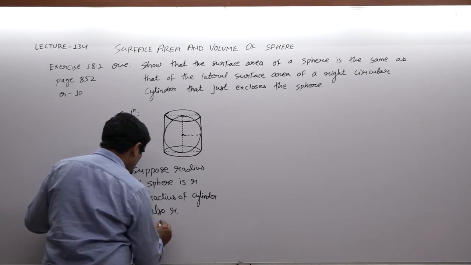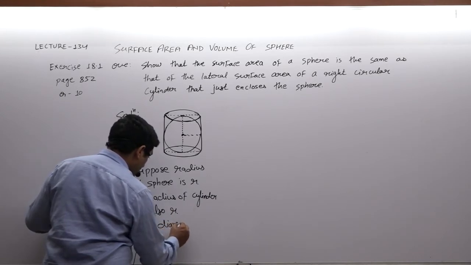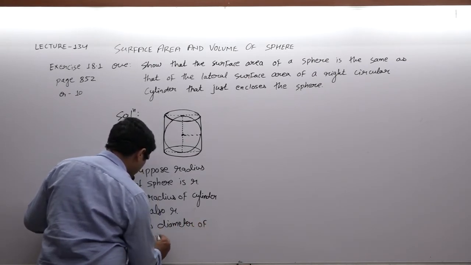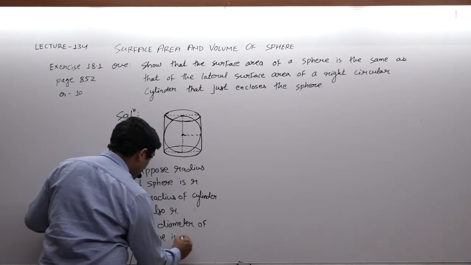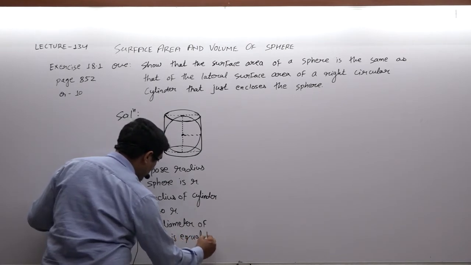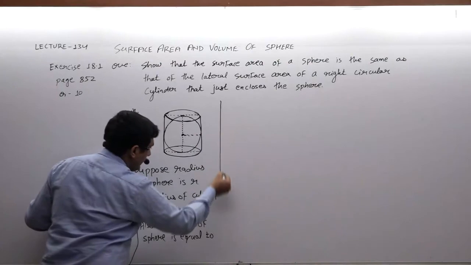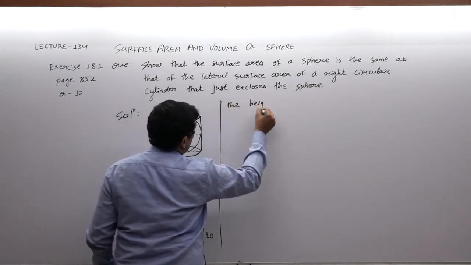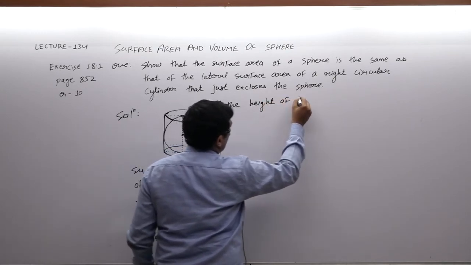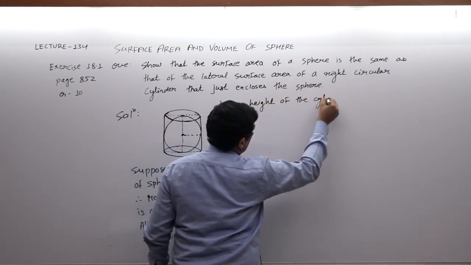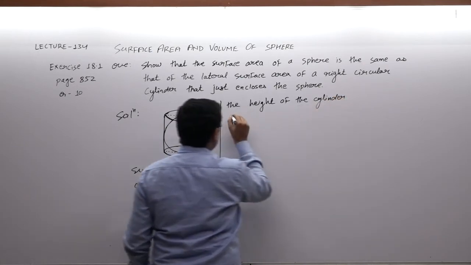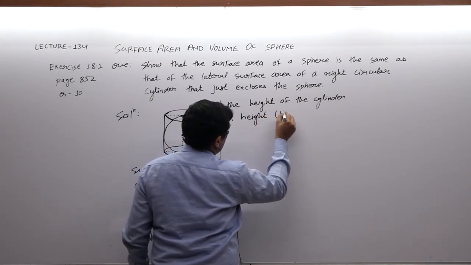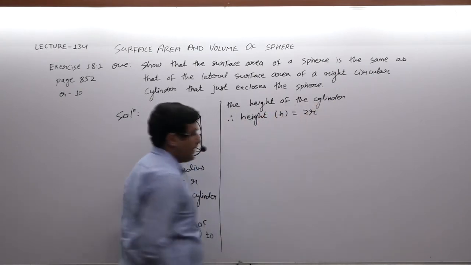Okay, therefore radius of the cylinder is also r, and also diameter of the sphere is equal to the height of the cylinder. Therefore height h is equal to 2r.